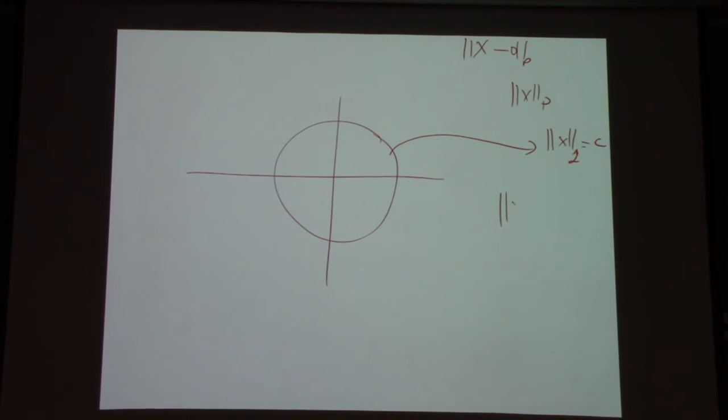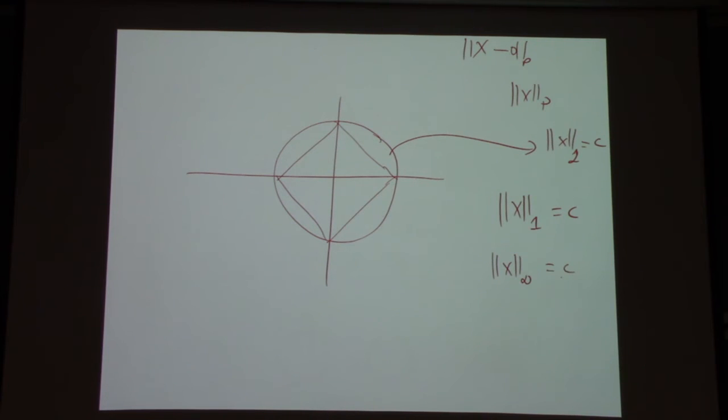Let's think about this thing equal to a constant in 3 dimensions. That would be an octahedron, right? And so on. And as we go to infinity, we get to the square. As we go to infinity, exactly.